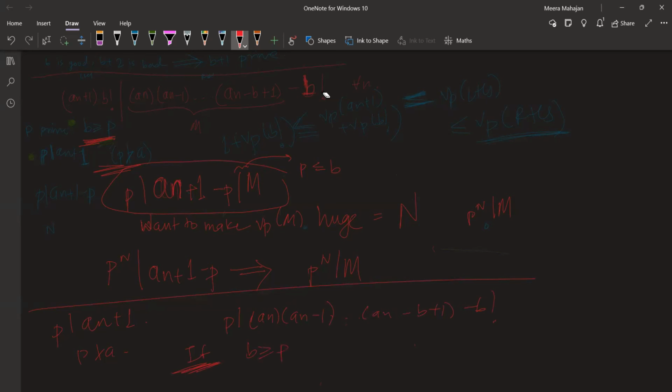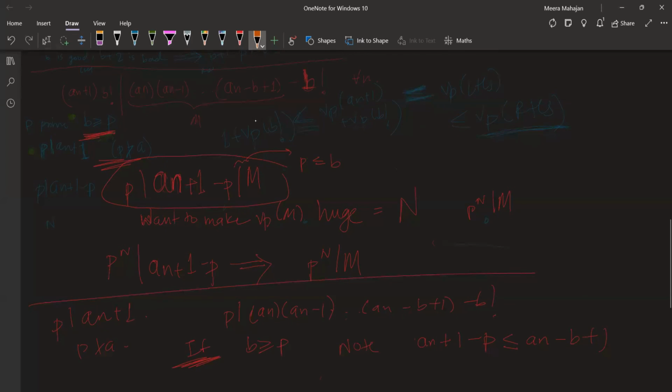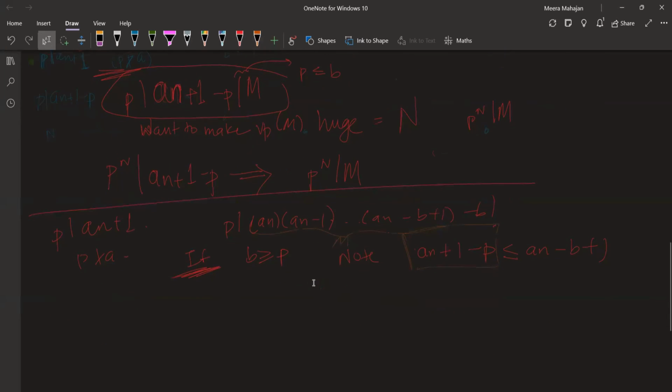And if B is at least P, then note AN plus 1 minus P is at most AN minus B plus 1, just because B is at least P. And hence among this term, capital M, there would be this term AN plus 1 minus P somewhere, right? Because it's a product of B things, and this term is there in between the extremes. So we get that AN plus 1 minus P divides M.